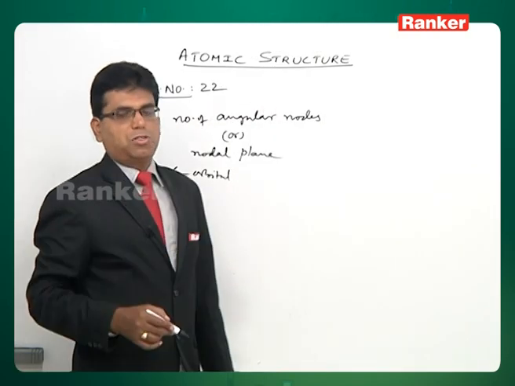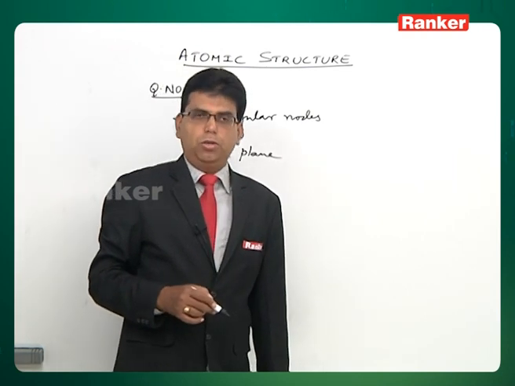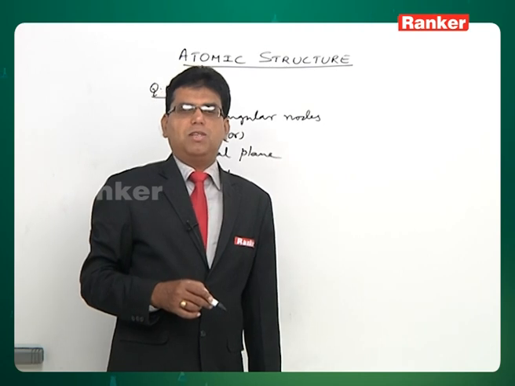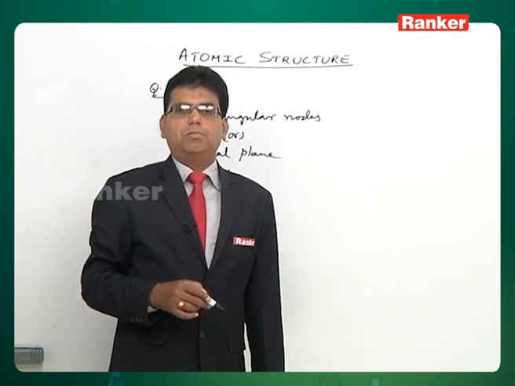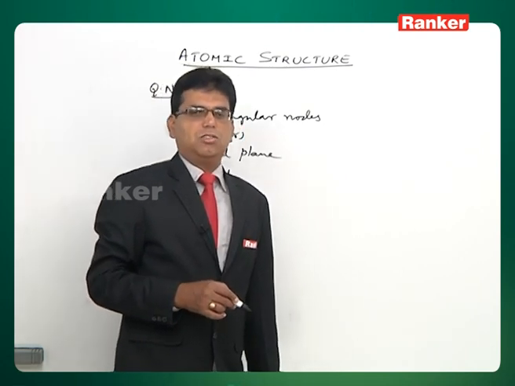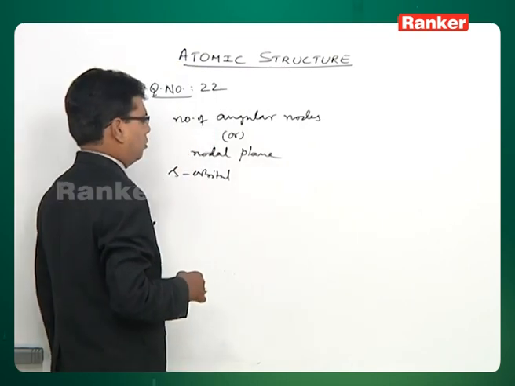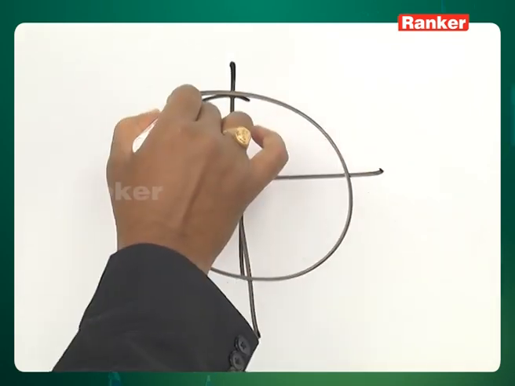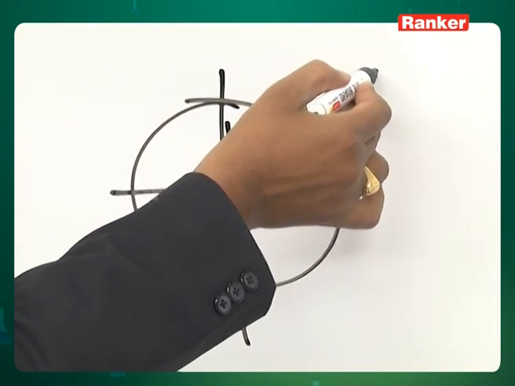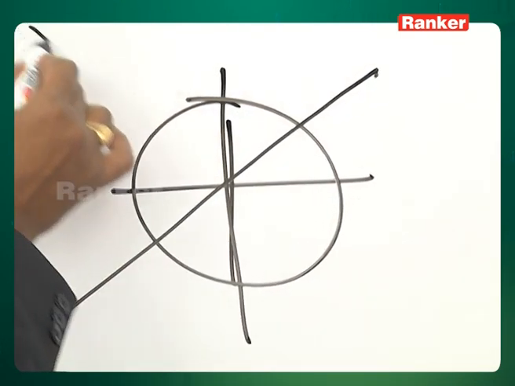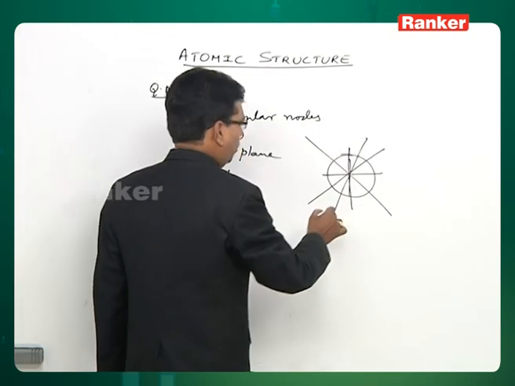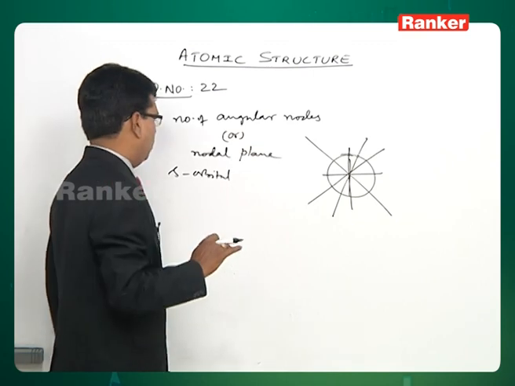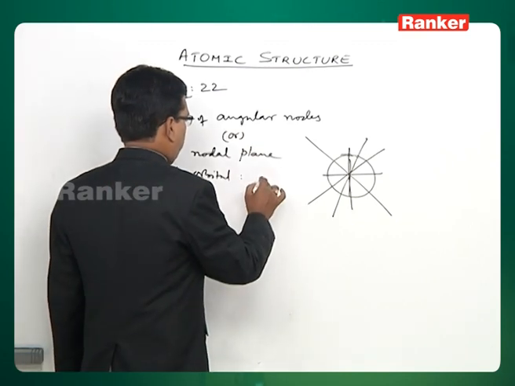As I already told in some of the previous questions, a nodal plane is a plane passing through the nucleus where the probability of finding an electron is 0. The s orbital being spherically symmetrical, any plane that you take will not have a region where the probability of finding the electron is 0. So for an s orbital the number of nodal planes is 0.